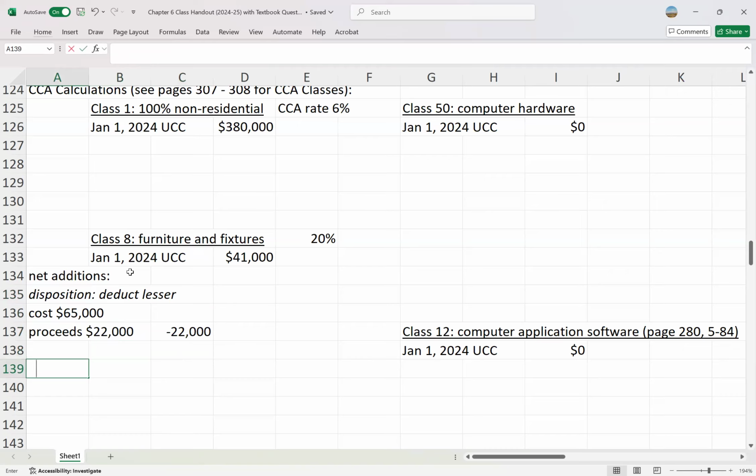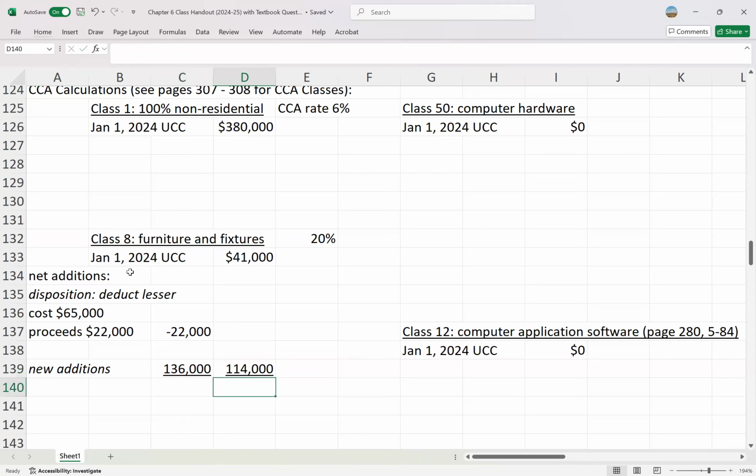And then we add our new additions, and the new additions was 136,000. So the net additions, which would be the 22,000 disposition minus, plus the new additions, the net additions would be 114,000. So that's the net additions for this class.